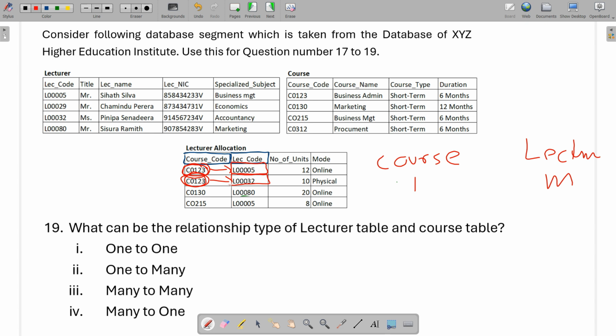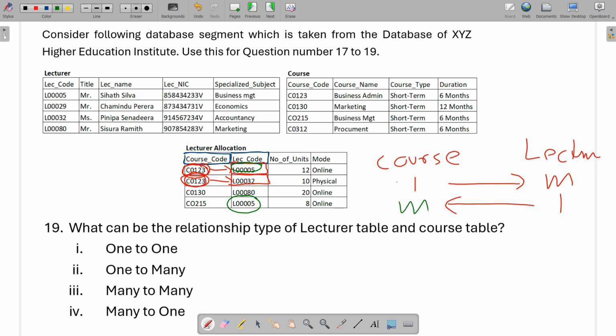So one particular course code is having many lecturers, and that is for this side. Now we have to think about one lecturer: how many courses are given to them? When it comes to the first one and the last one, L405, that can be taken as an example indicating one lecture code is having many courses.